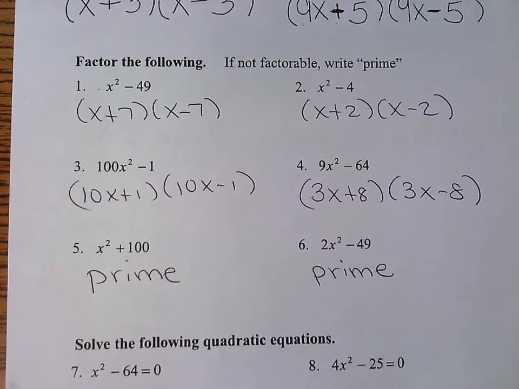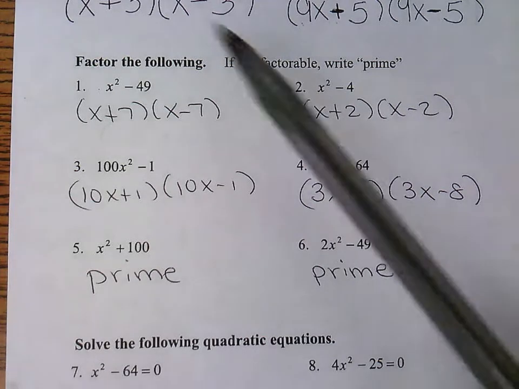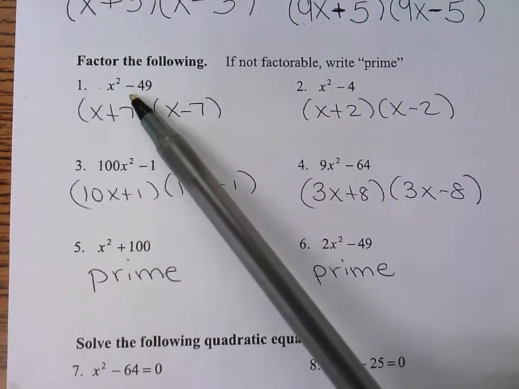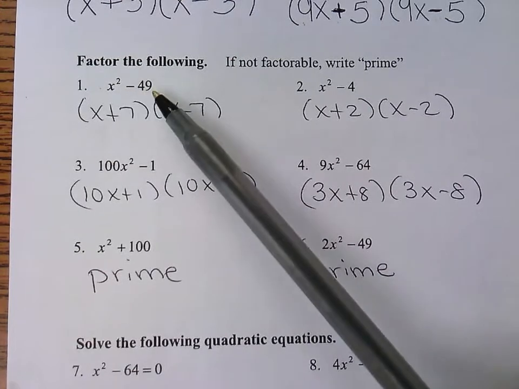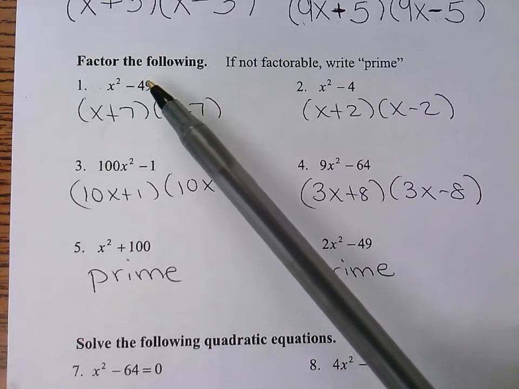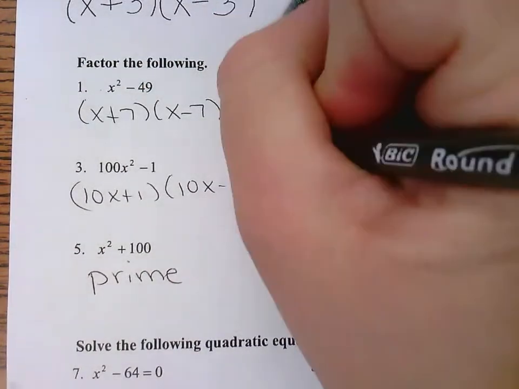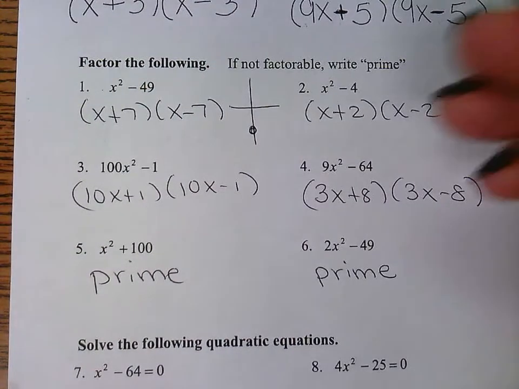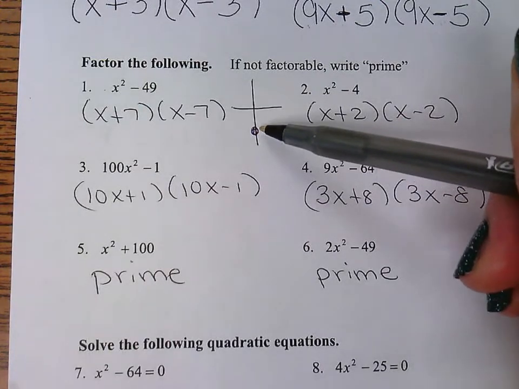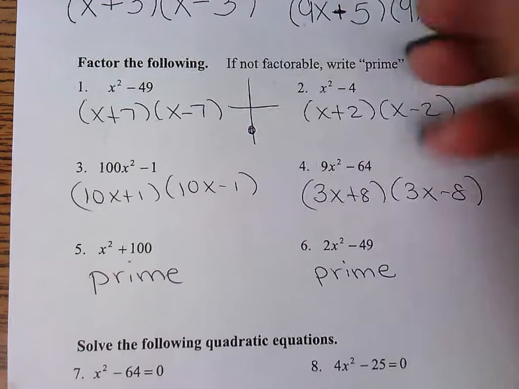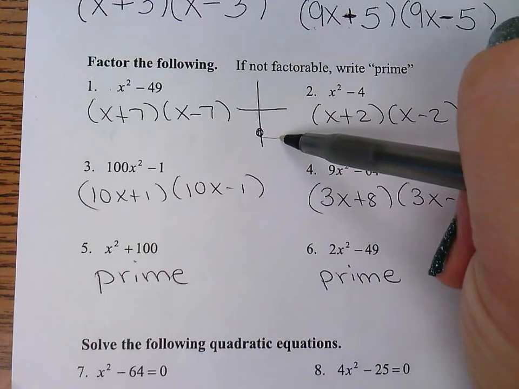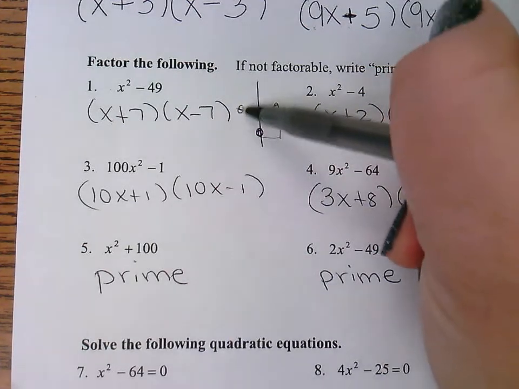The vertex of what? Question 1. So x squared minus 49 is just a quadratic in vertex form that's been shifted down 49 units. So the vertex would have been way down here. And then when you go up 1 over 1, up 4 over 2, up 9 over 3, see how when you go over 7, you go up 49 and you hit the x-axis?